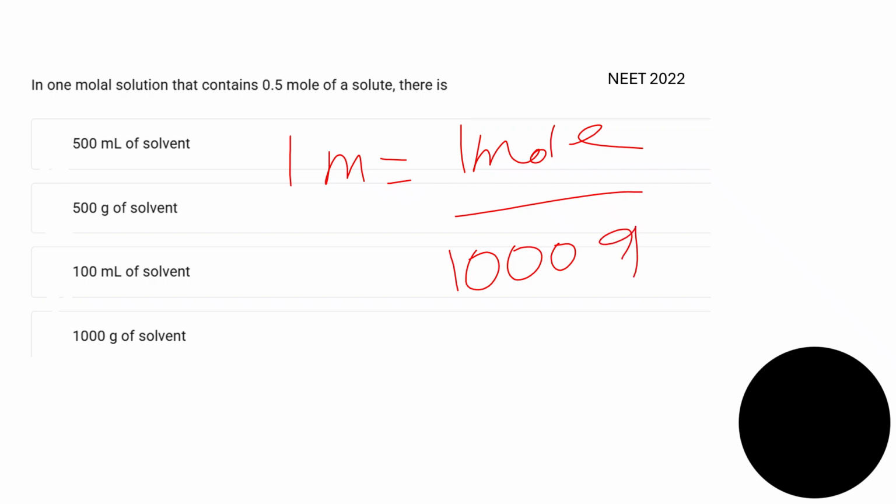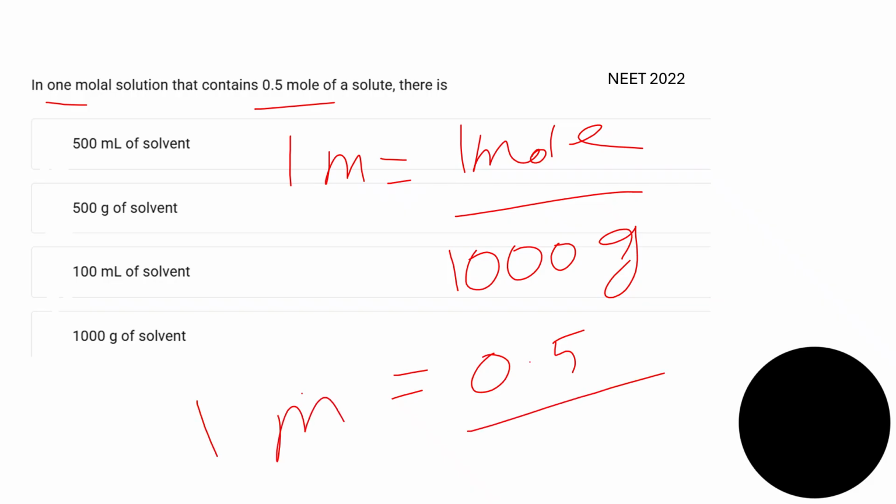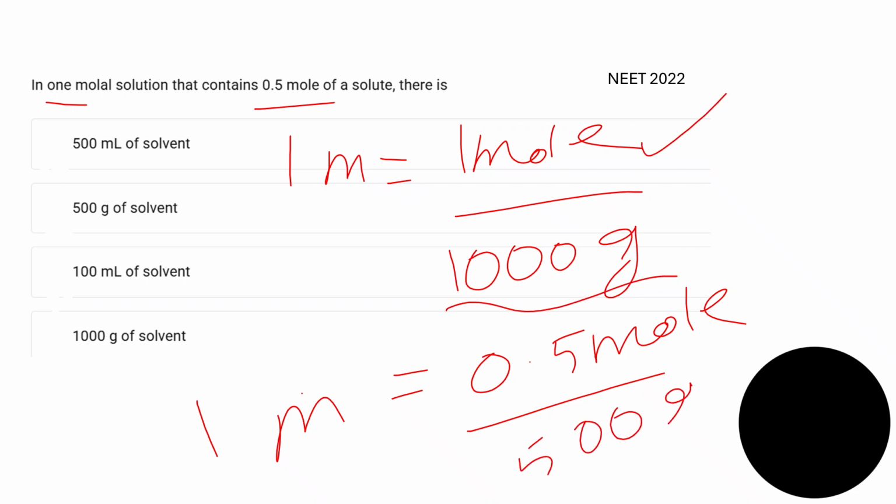Here there is only 0.5 mole. The mole is reduced by 2, so the solvent is also reduced by 2, to 500 gram. If we divide this, what is the answer?